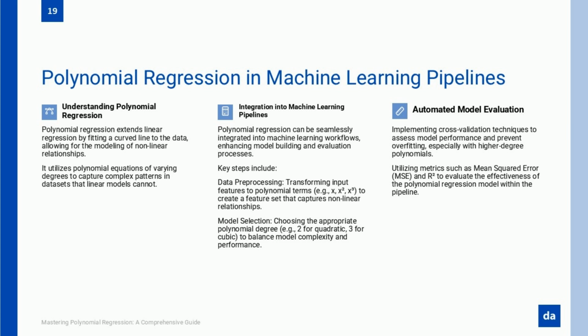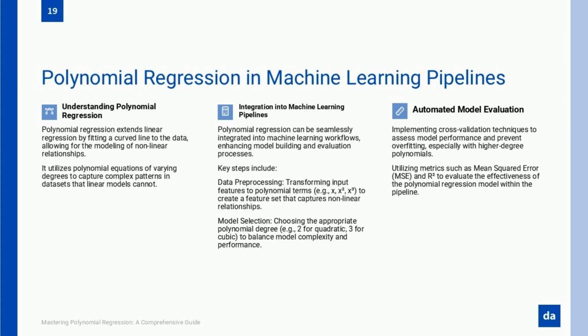This is particularly useful in automated machine learning, AutoML, where pipelines are designed to identify the best modeling approach without human intervention. By incorporating polynomial regression into machine learning pipelines, we can automate feature transformation, optimize hyperparameters, and evaluate models efficiently, ensuring that polynomial regression remains a robust tool in predictive modeling.